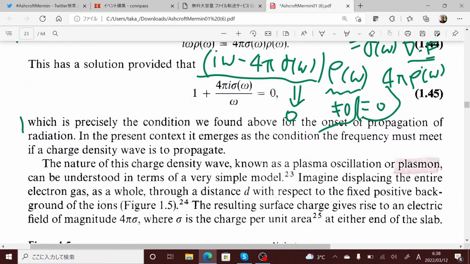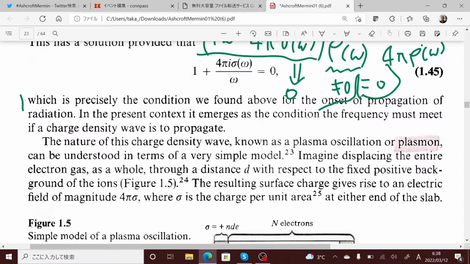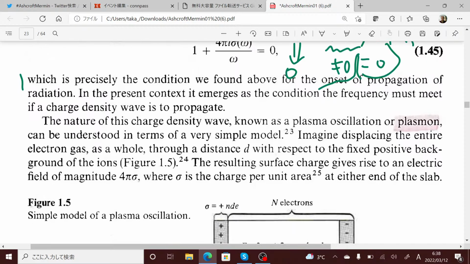In the present context, it emerges as a condition the frequency must meet if a charge density wave is to propagate.